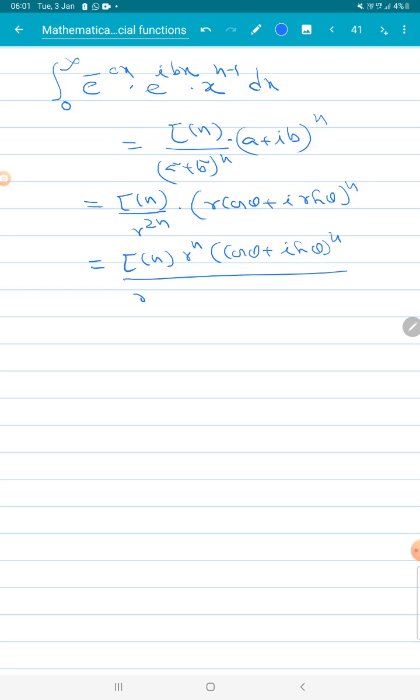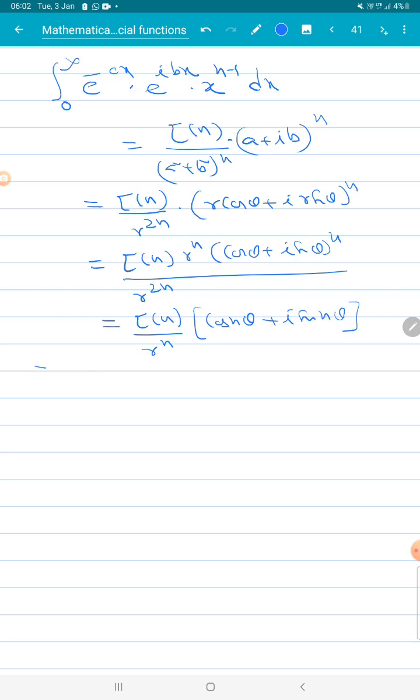Applying De Moivre's theorem, this is cos n theta plus i sin n theta. So this equals gamma of n by r to the power of n, since 2n minus n is n, into (cos n theta plus i sin n theta).